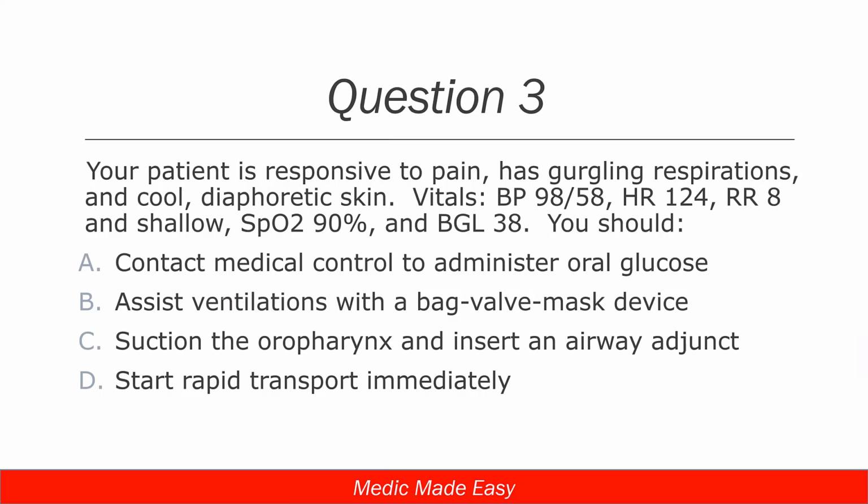And the third question here, right? Your patient is responsive to pain, has gurgling respirations, and cool diaphoretic skin. Vitals: blood pressure 98/58, heart rate of 124, respirations 8 and shallow, SpO2 90%, and blood glucose is 38.